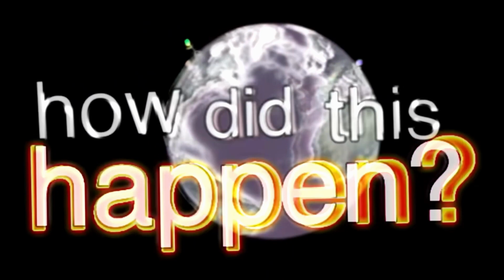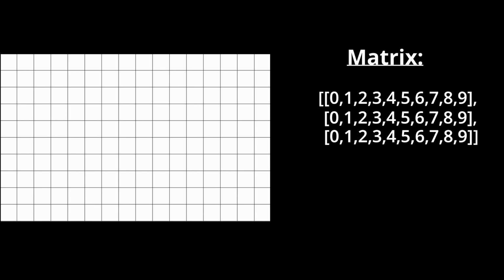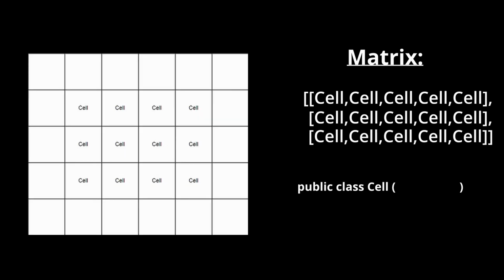How did this happen? Well, first we need to start with a big square of smaller squares, right? Well, in Java, lists with lists in them are called a matrix. So we create a class that will be what those materials are.